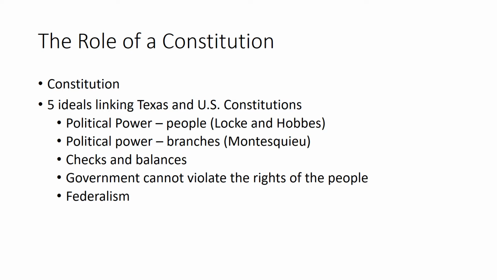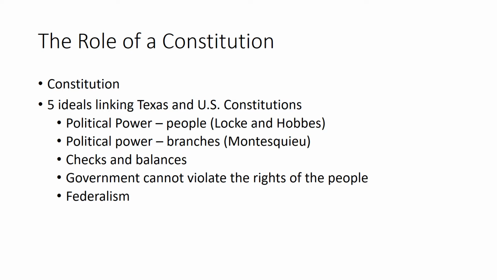Now, the U.S. Constitution guarantees a republican form of government, but does reserve some power to the states. How do we know the states must take a subordinate role to the federal government?